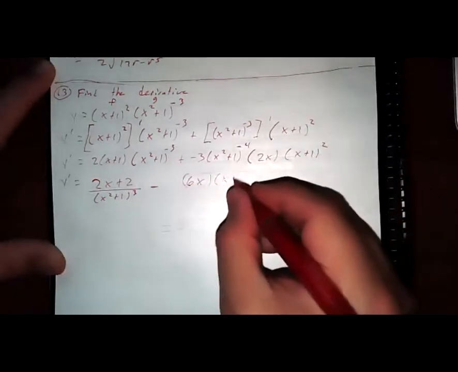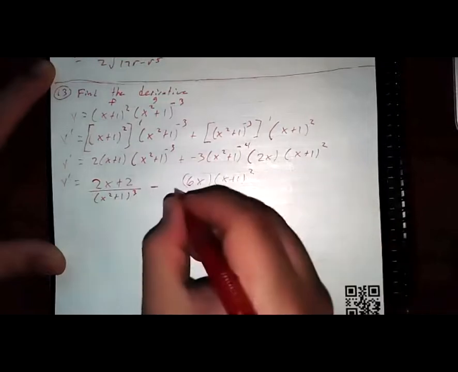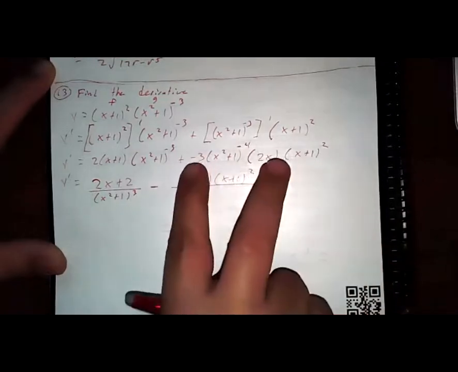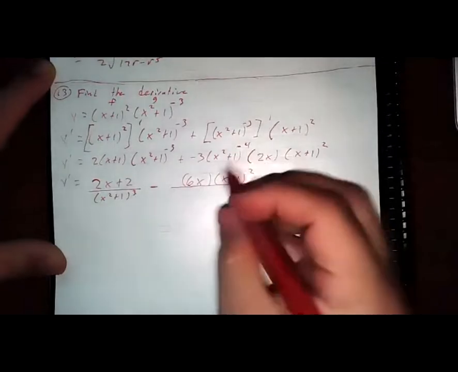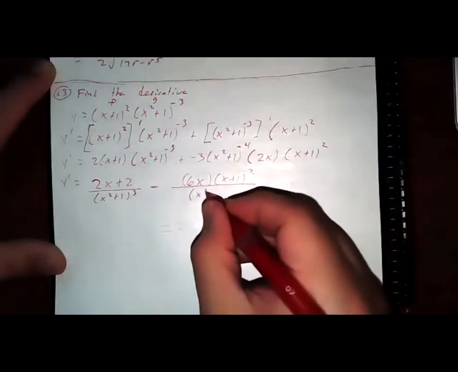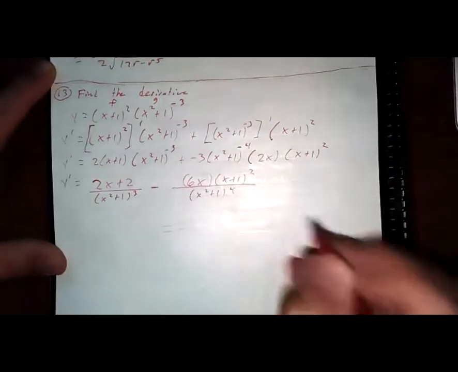Times x plus 1 squared. So combine these two terms and put that up right next to it. The negative will have to go to the bottom, which will give us an x squared plus 1 to the 4th.